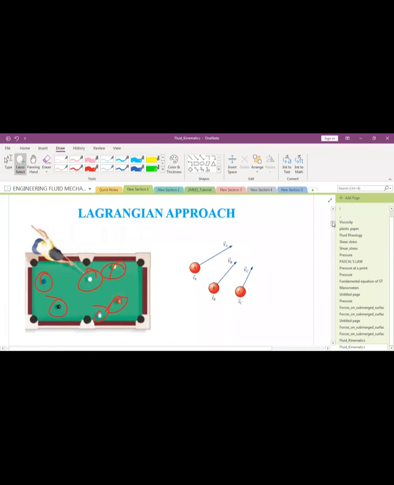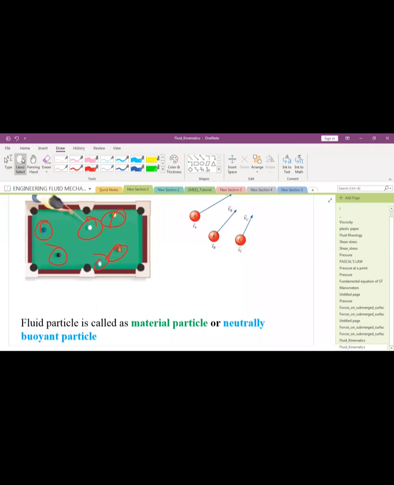So these were the balls, and this person applied some force on this ball. So the movement of this ball will be dictated by which principle? The direction of force applied by the person. So I can write down this as force equal to mass into acceleration.